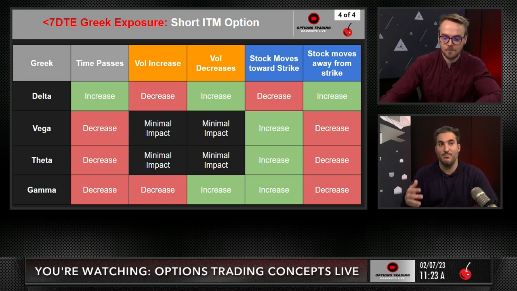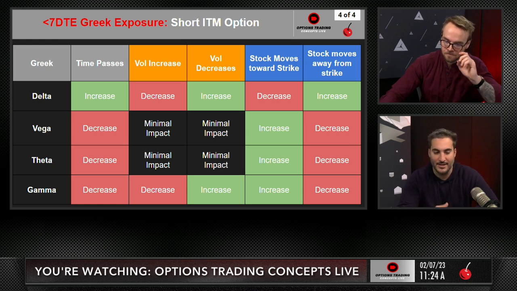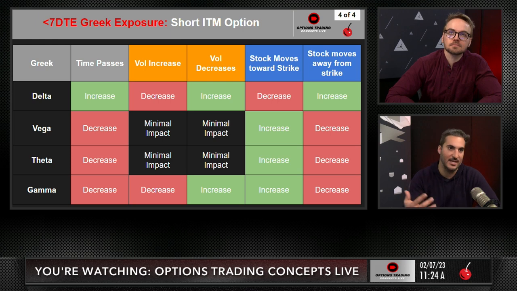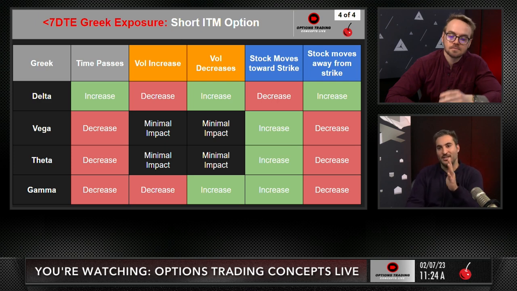When stock moves towards your strike or away from your strike, this is why we talk about at a certain point, it makes sense to take static delta versus having a dynamic delta like a deep in the money short put. Once you get a movement towards your strike, so your option's in the money, let's say you have an in the money put and the stock increases and goes towards your strike, you actually lose delta.